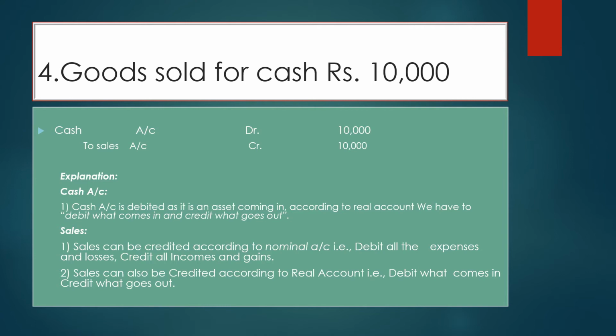If you make a sale, we will be generating income. That is the reason why we are crediting here. Next, sales can also be credited according to the real account, that is debit what comes in and credit what goes out. Here, if you treat goods as an asset, they are going out. In that perception also, you can credit it.